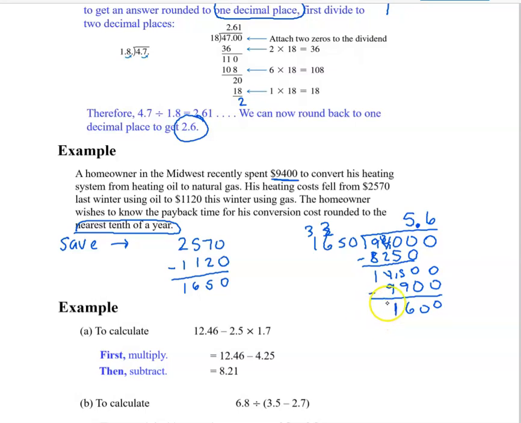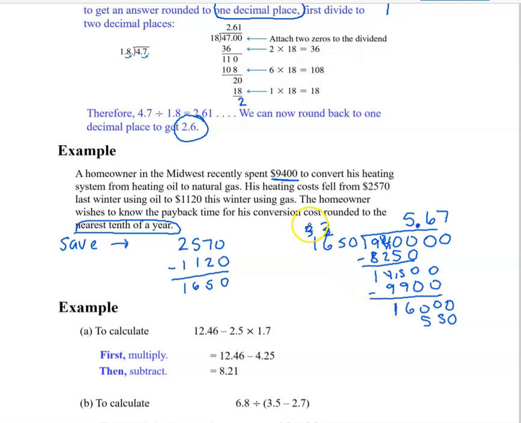Okay, and that is 1 decimal place, but in order to tell if we're done, and we don't need to round that up to a 7, we're actually going to have to add 1 more 0 and try this again. So it looks like I could go up 1 number here. So 7 times 0 is 0. 7 times 5 is 35. Carry your 3. 7 times 6 is 42, plus 3 is 45.